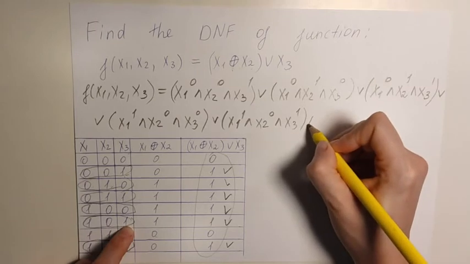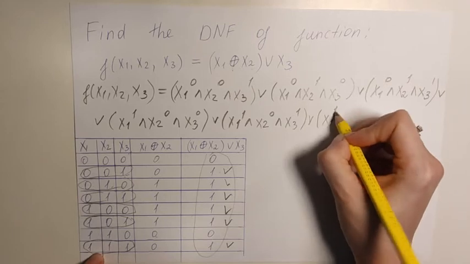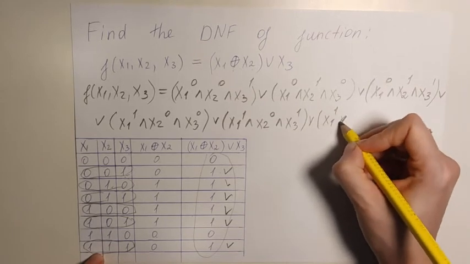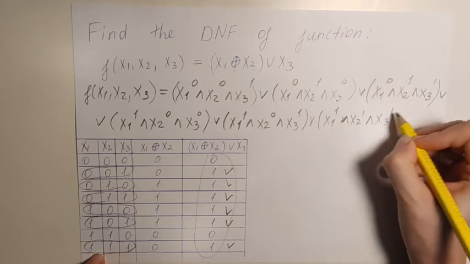And the final triple is x1 1, x2 1 and x3 1.